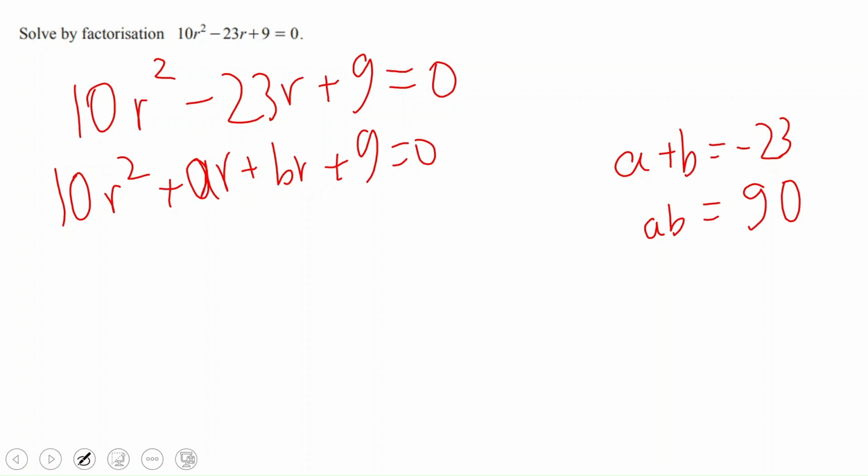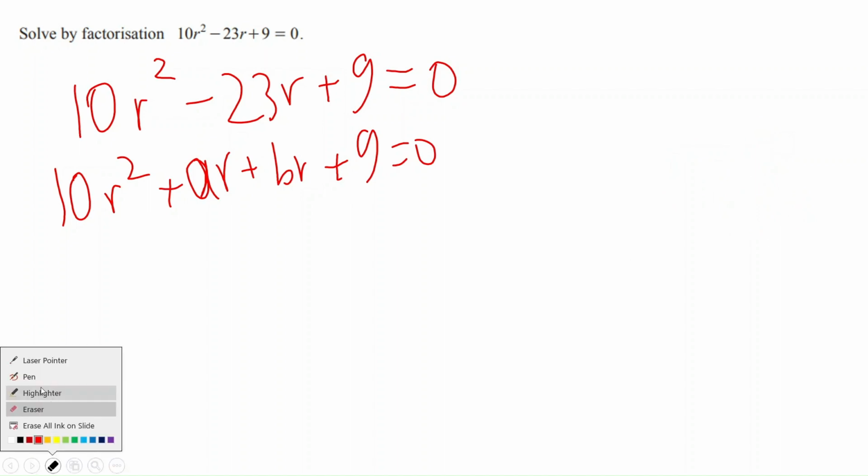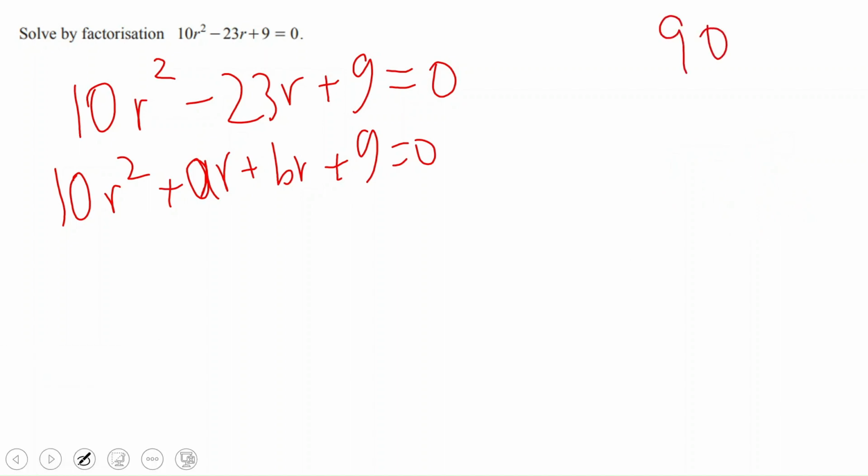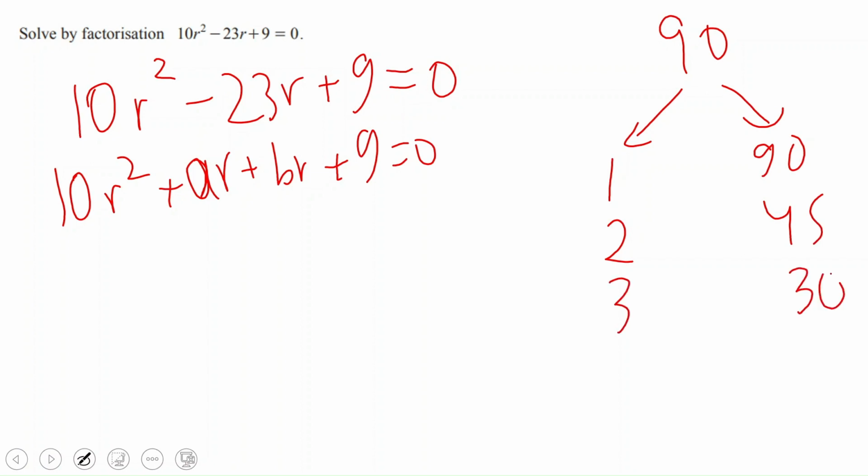9 into 10 is 90. So let's factorize 90. 90 is nothing but 10 into 9, and, okay, let's write it over here. So 90: 1 into 90, 2 into 45, 3 into 30, 4, it's not a multiple of 4, 5, yeah, 5 into 18.